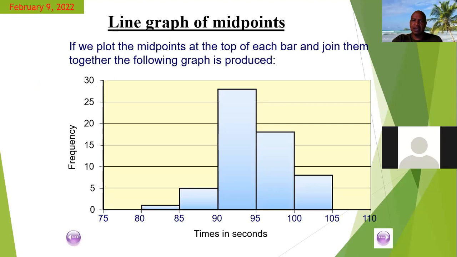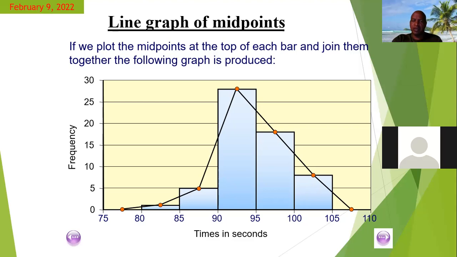So here is what we do when we're drawing the frequency polygon. We find the midpoint at the top of each of the rectangles. Then we draw straight lines to connect these dots. And then the shape that you get from that will be your frequency polygon.